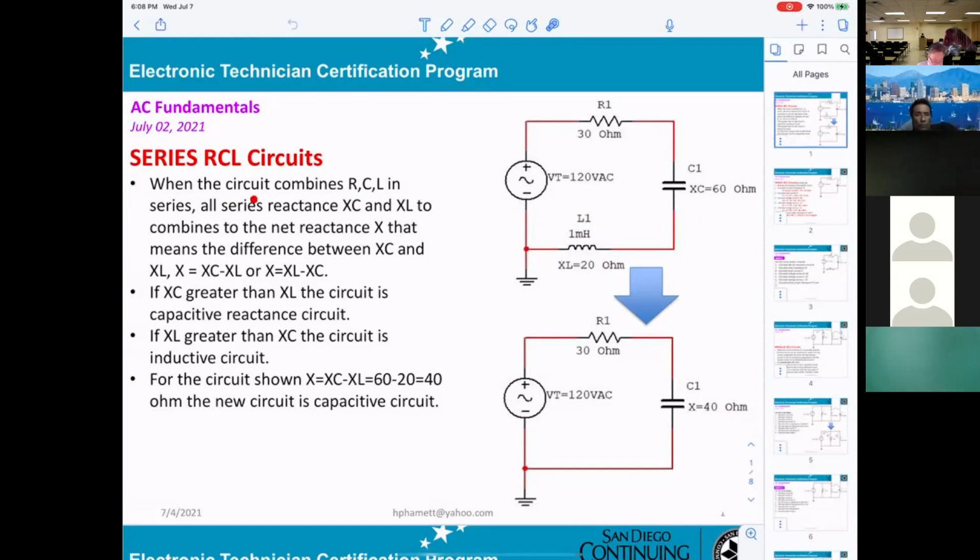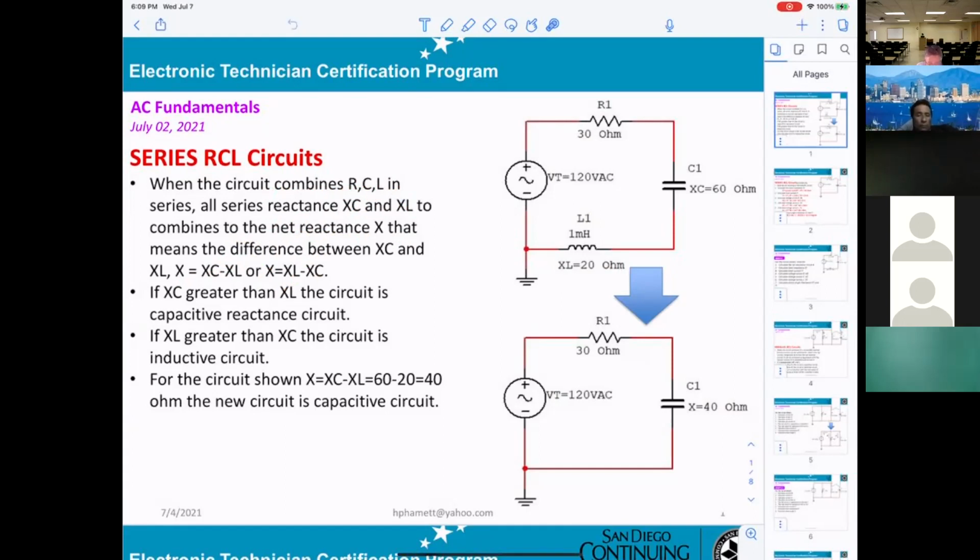When the circuit combines R, C, and L in series, the reactances XC and XL combine to the net reactance X. That means the difference between XC and XL, like we just did. X will be equal to XC minus XL or XL minus XC.